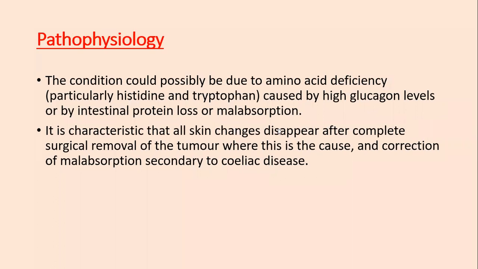For pathophysiology, the condition is possibly due to amino acid deficiency, particularly histidine and tryptophan, causing high glucagon levels by intestinal protein loss or malabsorption. Either the proteins are lost, amino acids are lost because of malabsorption, or because of amino acid deficiency by itself. The skin changes disappear after complete surgical removal of the tumor and correction of malabsorption.